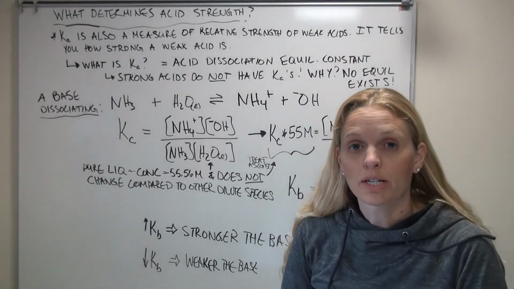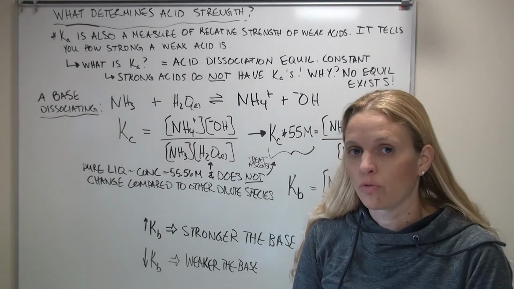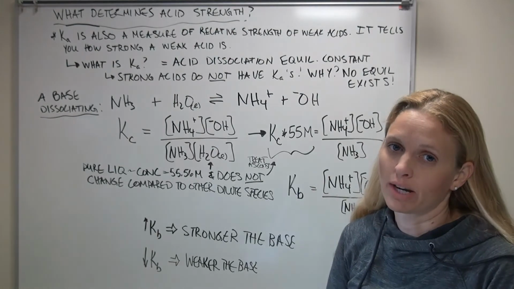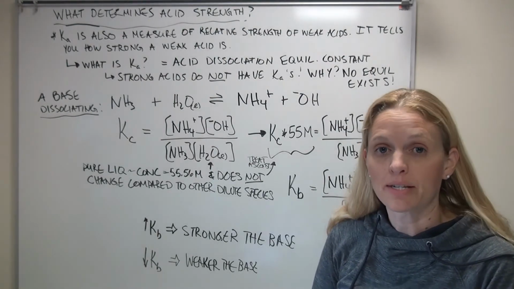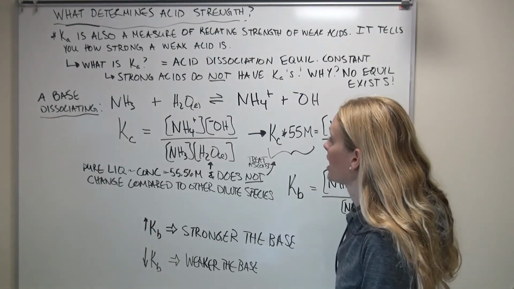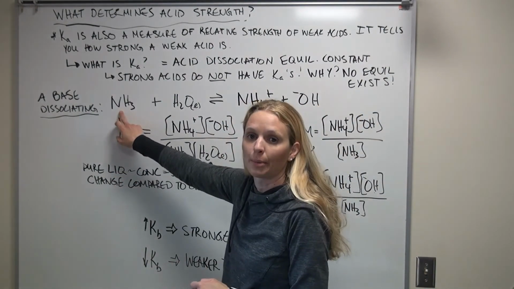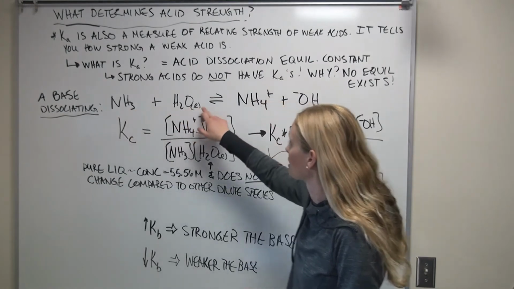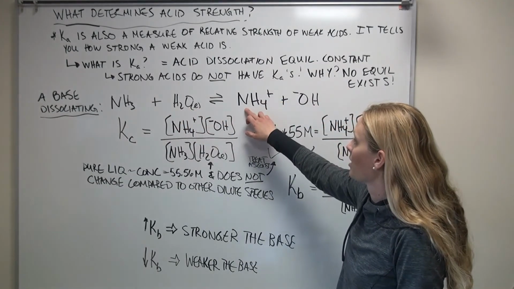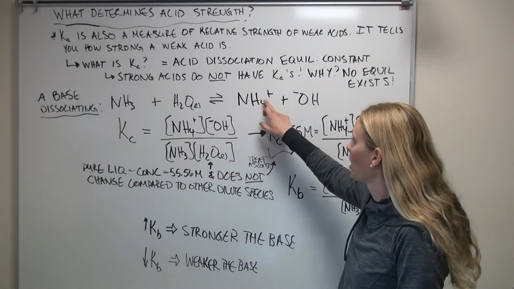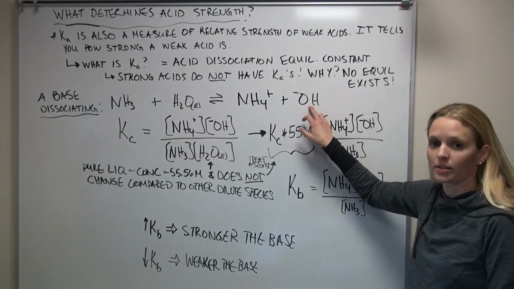Okay, so just like we talked about for Ka, for a weak acid dissociating, we also can write the same thing for a base dissociating and write Kb. So for a base dissociating, instead of using the generic form, I'm going to use the example of ammonia here. So NH3 plus water forms the ammonium ion, NH4+, and OH- hydroxide ion.